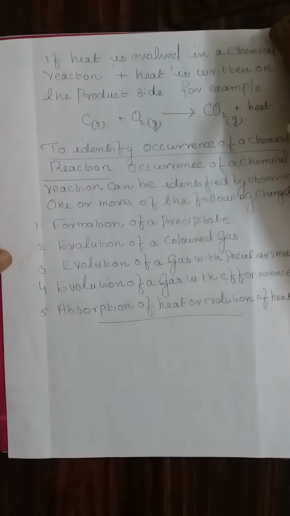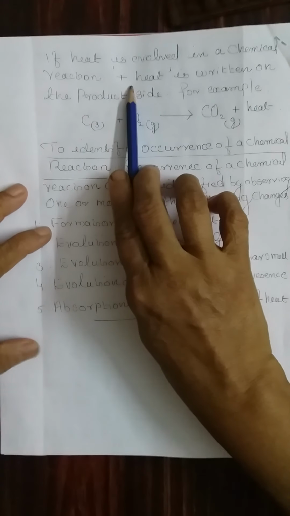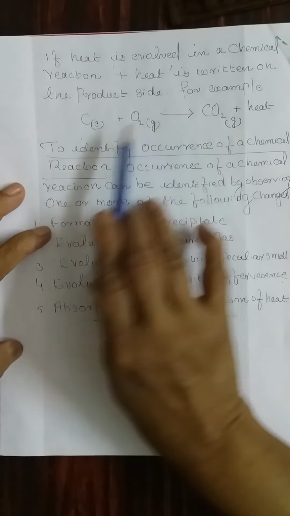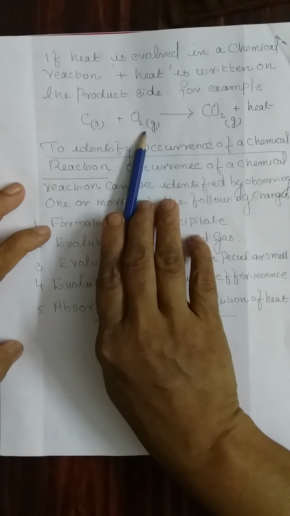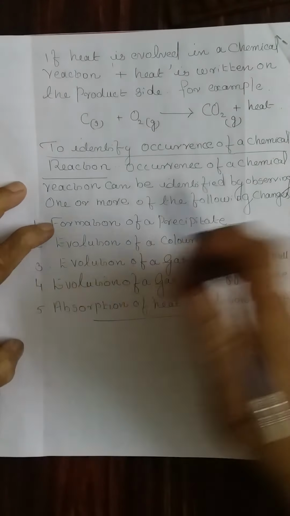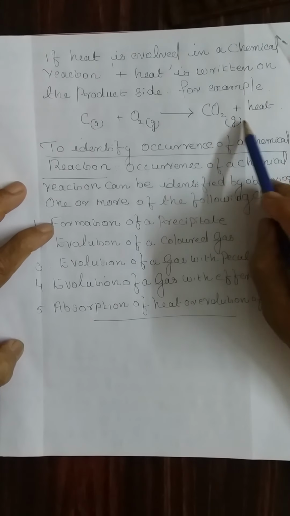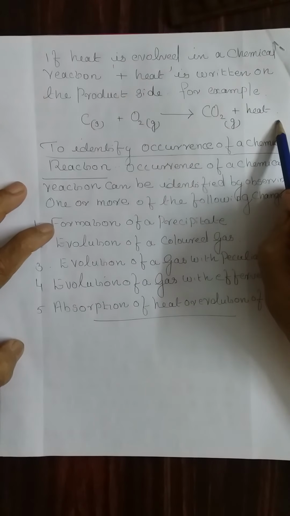Now see, if heat is evolved in a chemical reaction, plus heat is written on the product side. For example, carbon burns in oxygen and a lot of heat is evolved. When carbon is burning, you can see that a lot of heat is around, therefore plus heat is added along with the product.